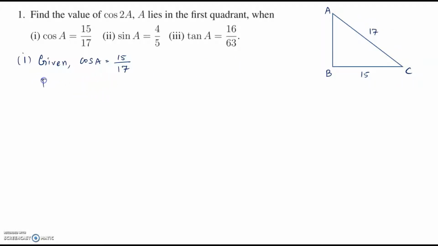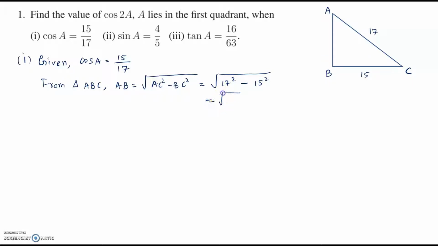So from triangle ABC, our AB is equal to square root of AC squared minus BC squared, which is equal to square root of, AC is 17, so 17 squared minus 15 squared.